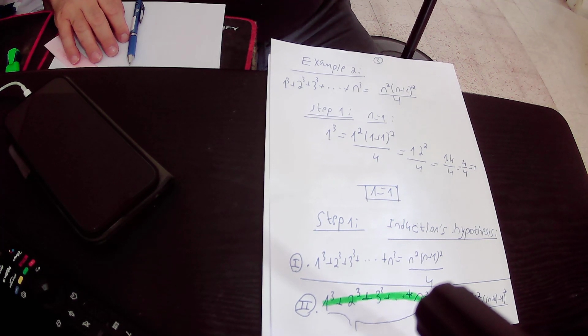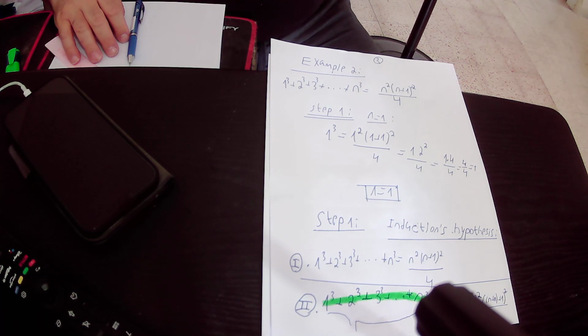This expression is true for n plus 1, and therefore it is true for all the natural numbers, because we assumed that it is true for n, and from this assumption we have proved that it's also true for n plus 1.